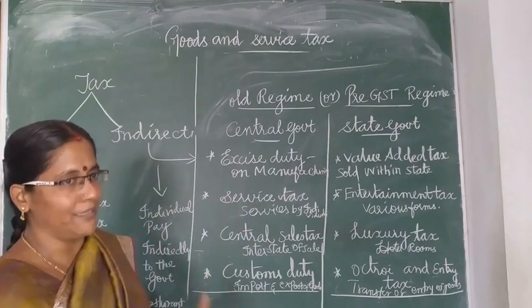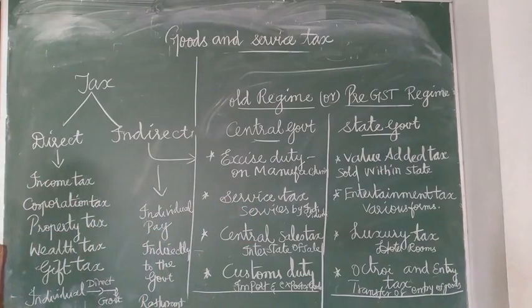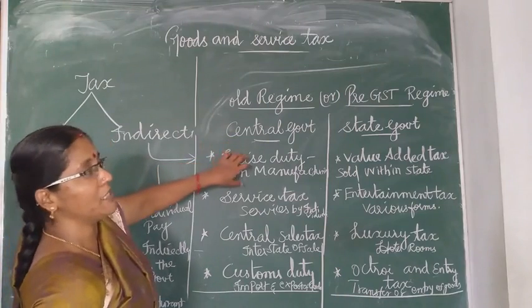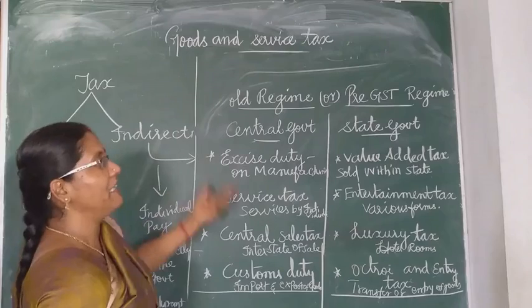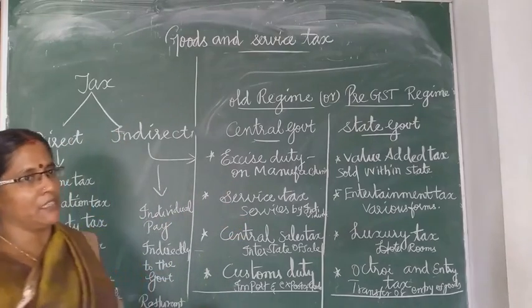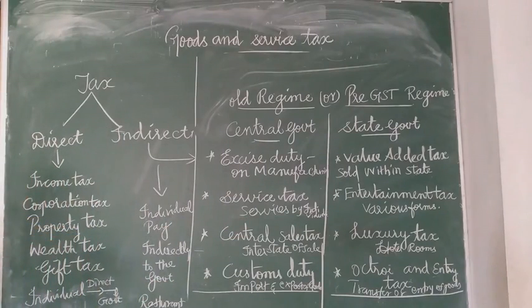Tax on tax, the goods already levied by tax, again we are adding the tax and getting the goods. That is called the tax on tax effect. It is known as the cascading effect of taxes.